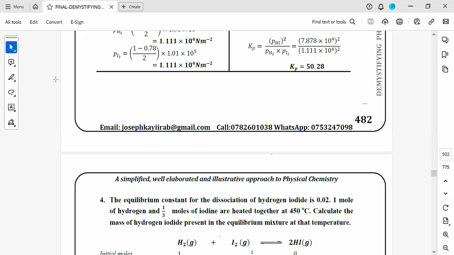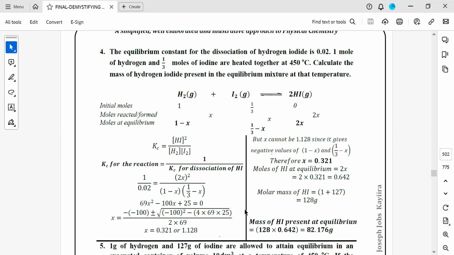So we have the equilibrium constant, like I already said, when they give us the initial number of moles, it becomes easy for us to substitute them where they belong.